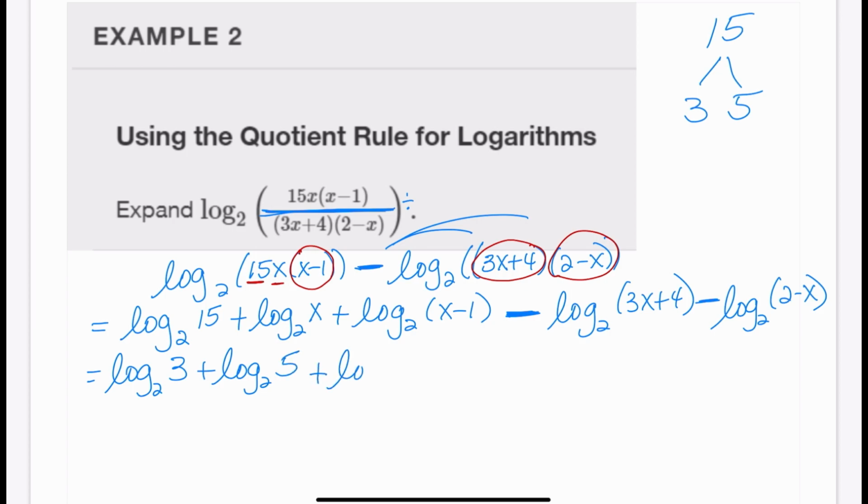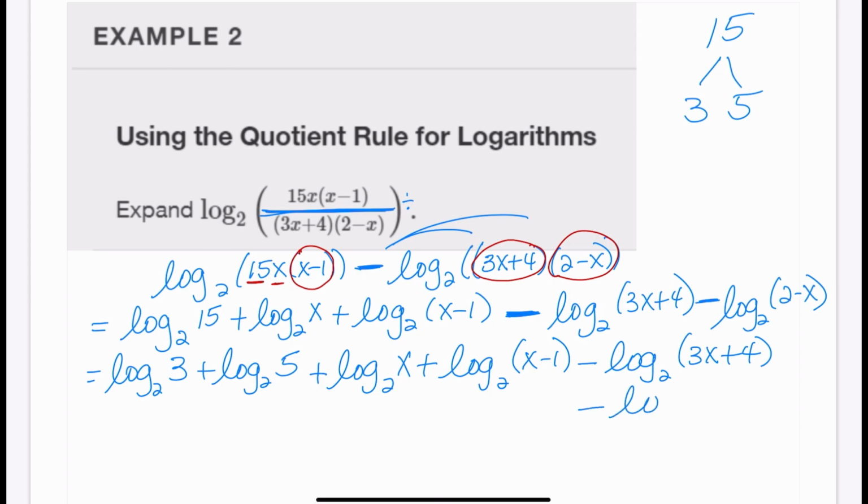And then I'm just going to take the time to rewrite the rest of this answer. It's a super long answer. Just be very careful with the subtraction that you had to distribute to both parts when you expand it. And also be careful not to touch those factors when they are written in parentheses. They're together and they stay together, and that's it.